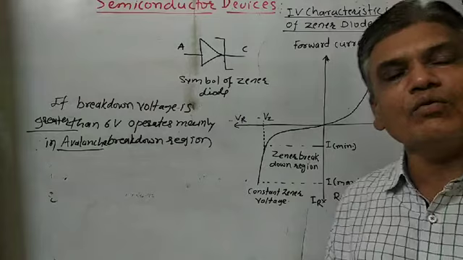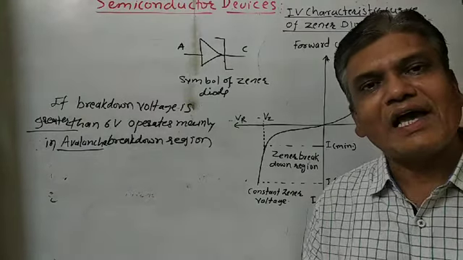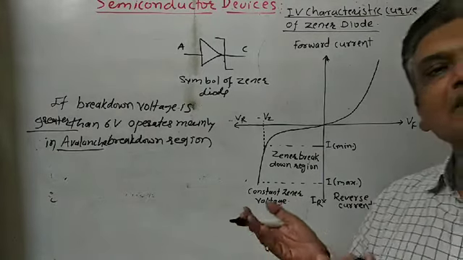If the breakdown voltage is greater than 6 volt, the diode operates mainly in the avalanche breakdown region. But both diodes are Zener diodes. Means if the breakdown voltage is less than 6 volt, the diode operates in the Zener breakdown region, and if it is greater than 6 volt, it operates in the avalanche breakdown region. And both are Zener diodes.